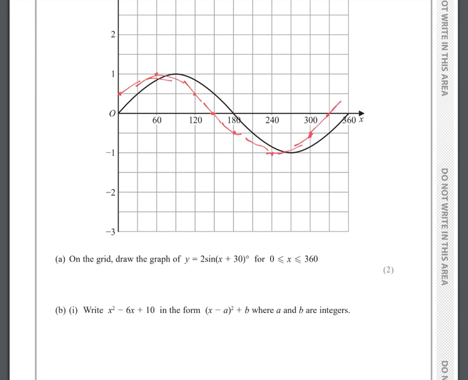Then we want two lots of this, so we're going to now double this away. So it goes through here, here, through here, stays the same, goes through here, through here, stays the same.